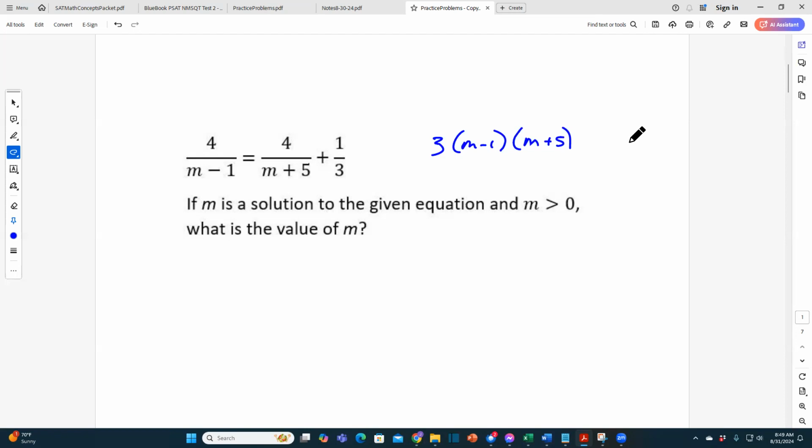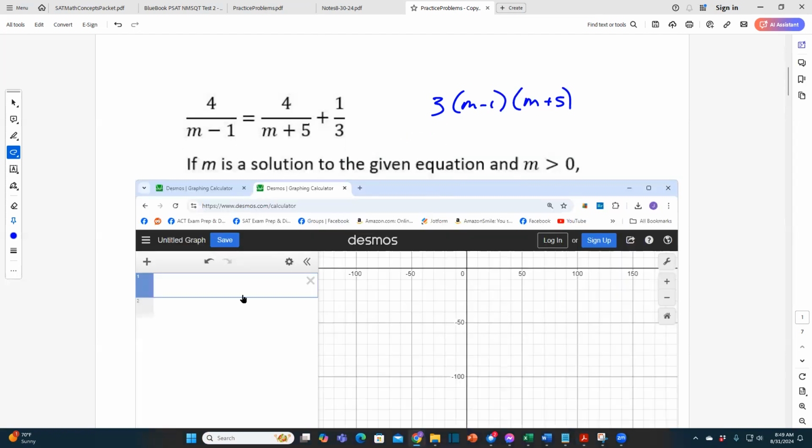For any kind of equation, you can do that in Desmos. I'd probably prefer you to do it in Desmos to eliminate any kind of math errors. Now notice we use m, but if we wanted to graph it, we need to use x instead.